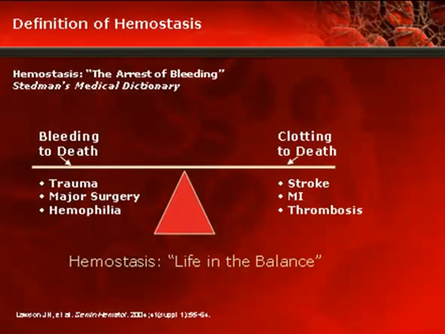Bleeding to death: trauma, major surgery, hemophilia. Clotting to death: stroke, MI, thrombosis. So we're going to be on this side, talking about drugs that try to prevent us from clotting to death. And those drugs are known as anticoagulants.